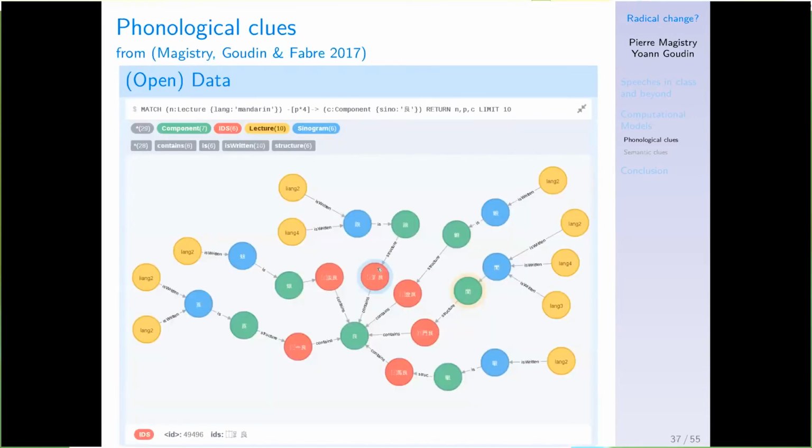So luckily, we arrived at a time of open data. I apologize for all the missing references, but I will provide them at least in the paper, or you can ask me.